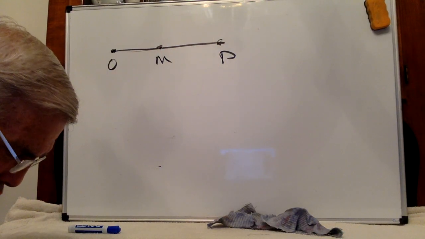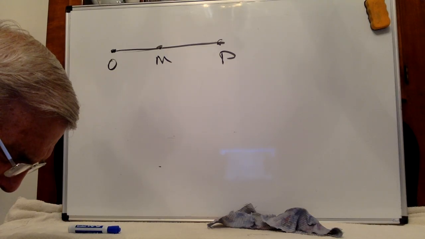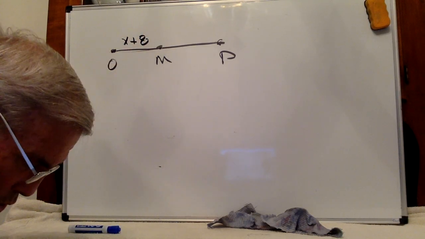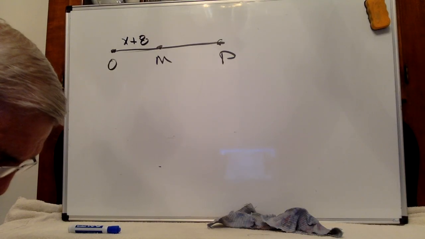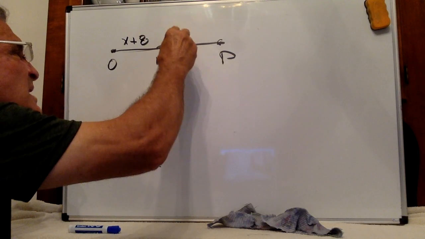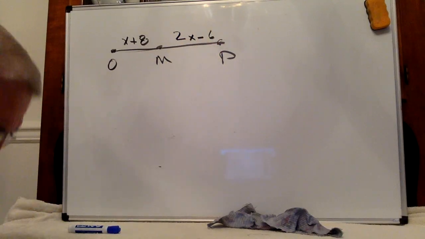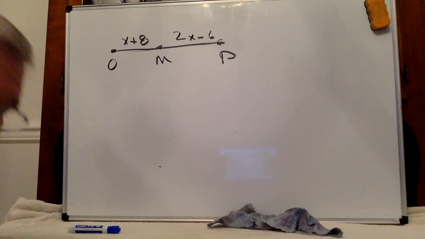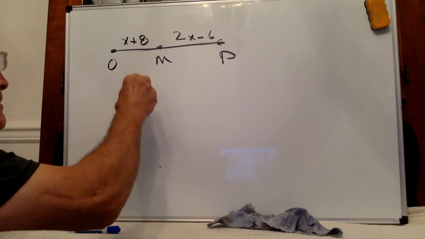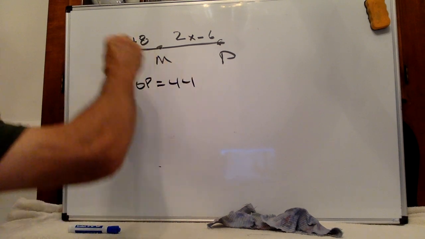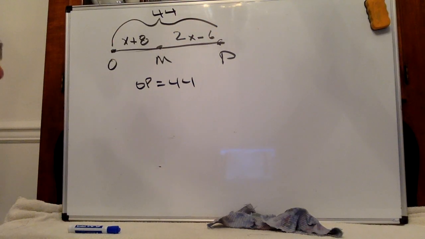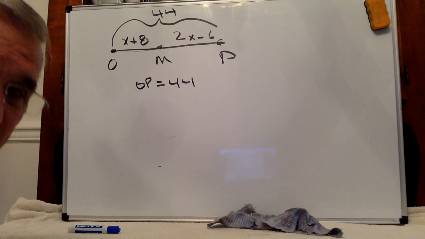They told you that OM is x plus 8. And they told you that MP is 2x minus 6. And that OP, the whole thing, is 44. That means from here all the way across is 44. And they said, is M the midpoint of OP?